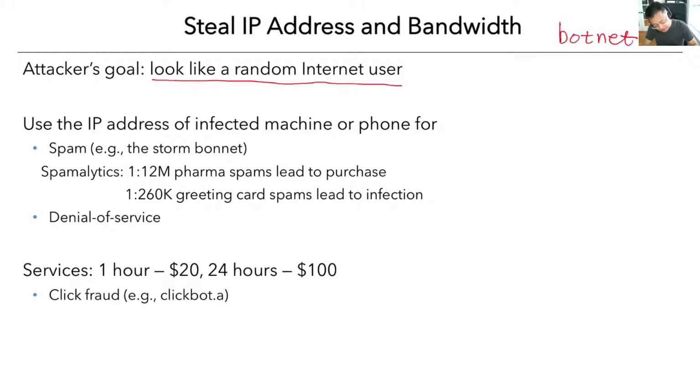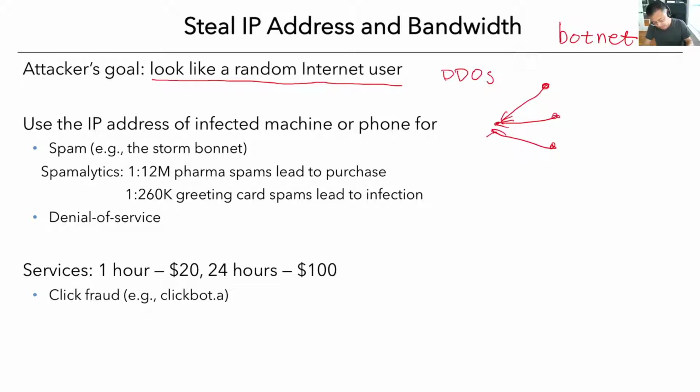This makes detection very difficult because those are legitimate distributed users. For example, if they use this to launch a distributed denial of service attack, it is very difficult to prevent because the traffic comes from random sources which are actually legitimate.